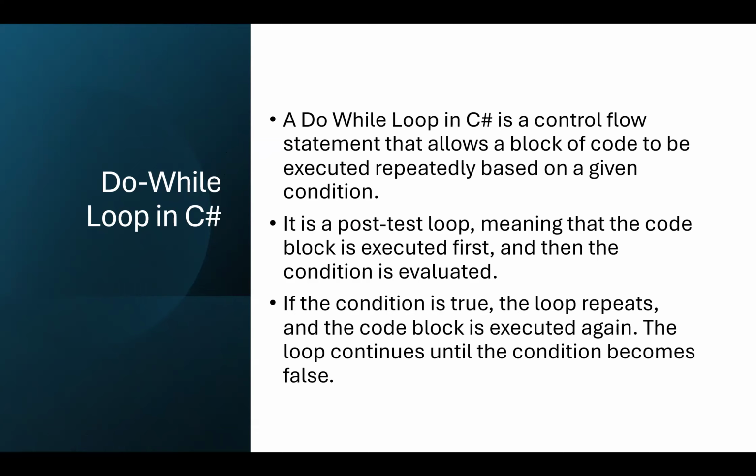In this type, the code will be executed at least once, and then it checks to see if the condition is still true. If the condition is still true, it's going to continue executing the code. So it keeps executing the code before it checks. When it checks and sees that the condition that you have given it is false, it exits the loop.